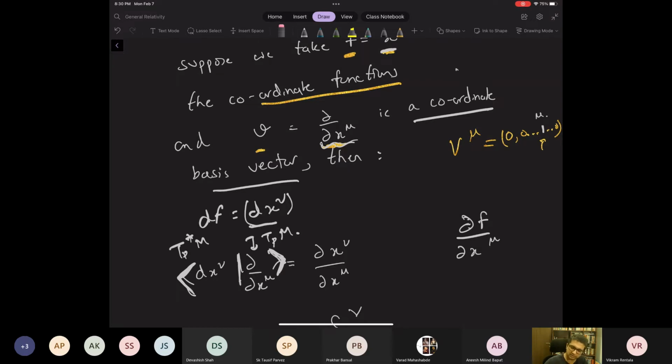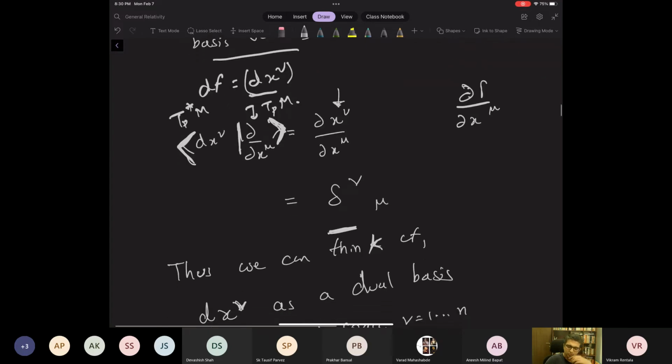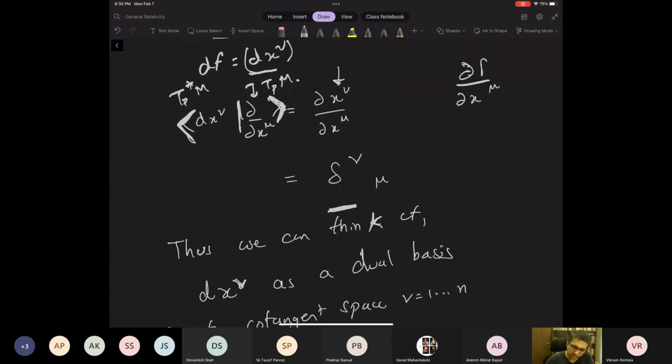So I'll just get this, and f is just x nu, so what I get is partial x nu partial x mu, which we already decided is delta nu.